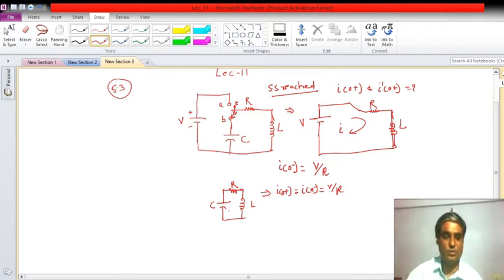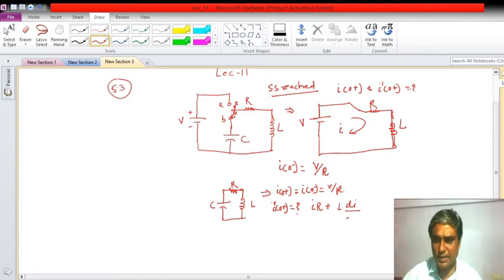So now let me calculate I dash of 0 positive. For that, let me write the equation for this particular mesh. It will be I R plus L di by dt plus the voltage across the capacitor, which is equal to 0. And what will be VC of 0 positive? Once it has been switched to point B, the capacitor acts as a short circuit, so the voltage across the capacitor will be 0.